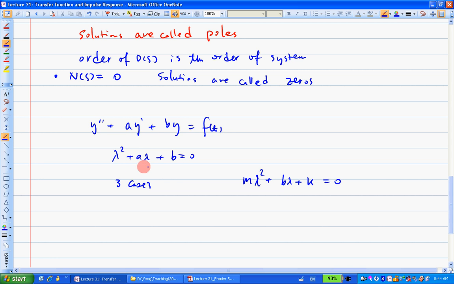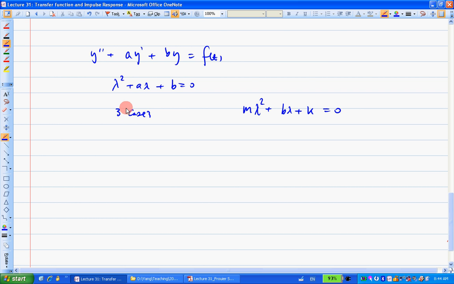And for this particular case here, if you remember, there's 3 cases too, with different names. We just call them two distinct real roots, 2 complex conjugate roots, and 1 case is the double roots, right? But no matter what, we notice that the solution y of t, whether it is so-called stable or not, is really determined by the lambda solution here, right?